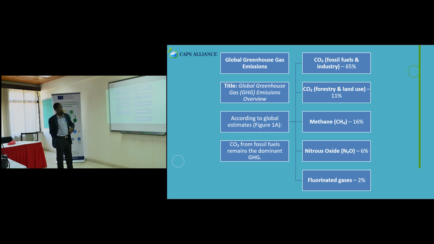Then you have nitrous oxides. These are oxides that pollute the environment, and they cause problems in terms of heat, because they act as a blanket. When they go up there, they act as a blanket, causing heat changes and leading to climate impacts, which are very severe in some cases.